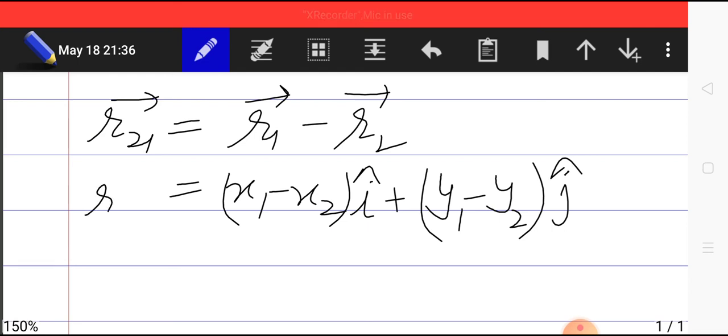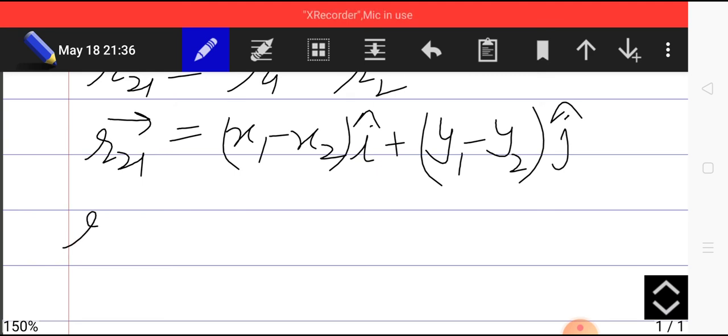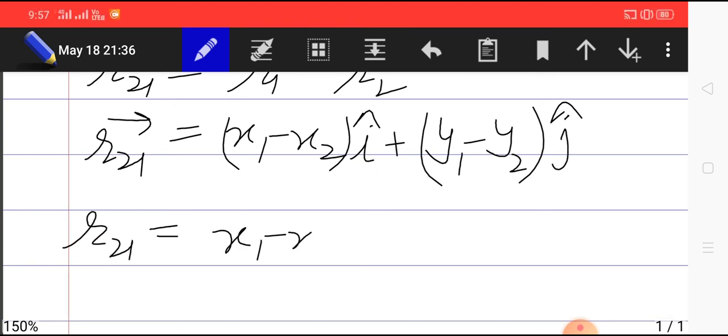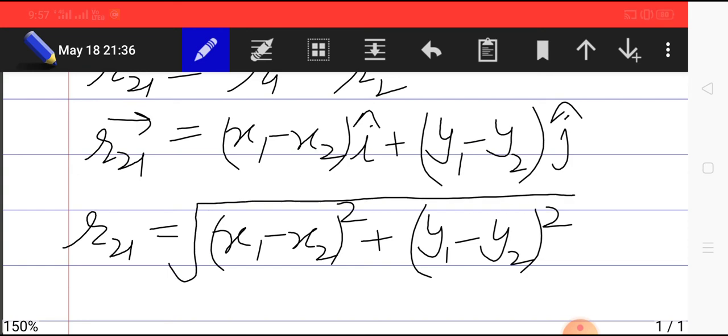So that is your r21 vector in component form, and we can write the magnitude of r21 vector as the square root of (x1 minus x2) square plus (y1 minus y2) square.